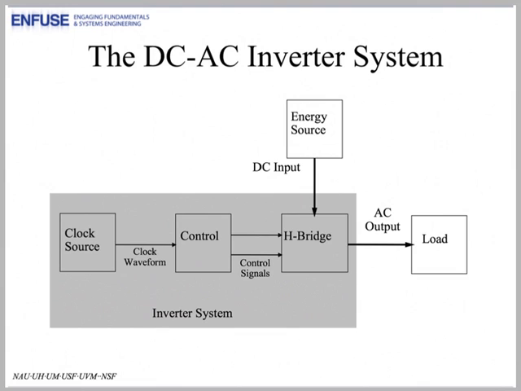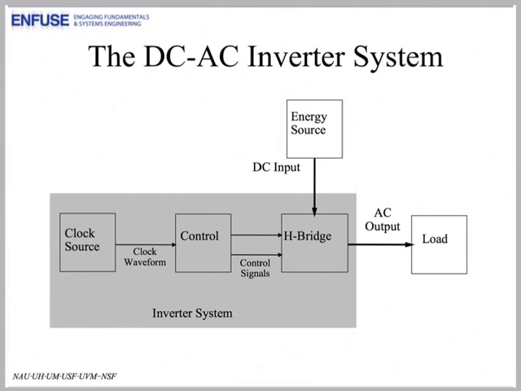It generates AC power to a load. And a load is simply a term for something that dissipates power, hopefully doing something useful. And a good example might be a motor that's running a compressor in an air conditioner.